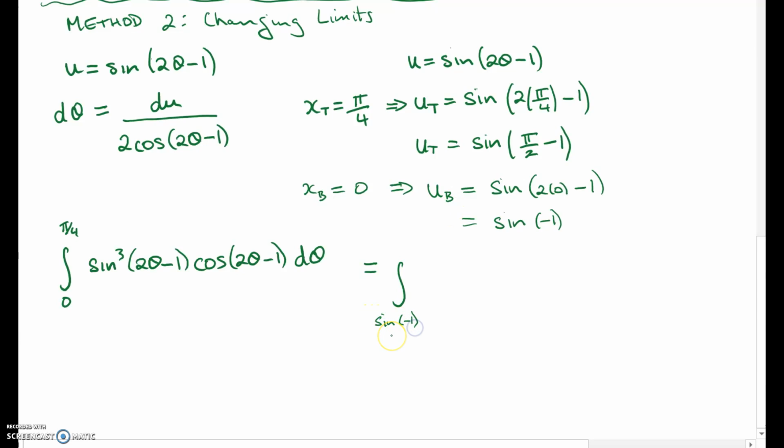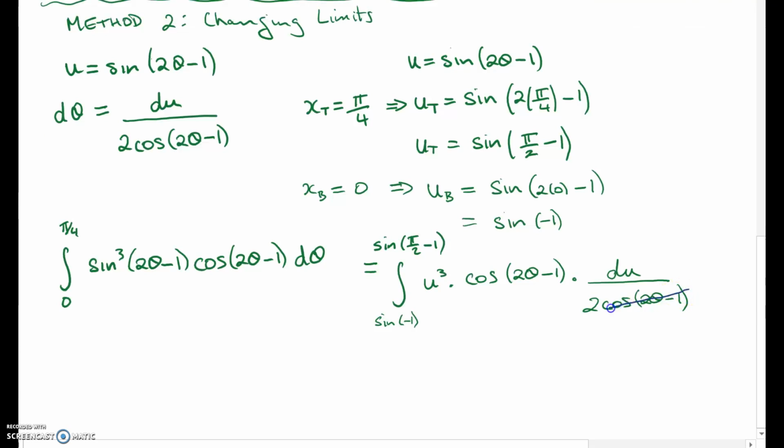I know this is unusual, but the sine of negative 1 is just a number, so it's perfectly fine. The top limit is the sine of pi over 2 minus 1. Sine of 2 theta minus 1 was u, and this is cubed, so it's u cubed times cosine of 2 theta minus 1, times du over 2 cosine 2 theta minus 1, replacing d theta.